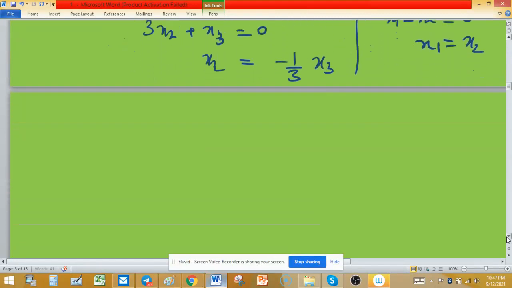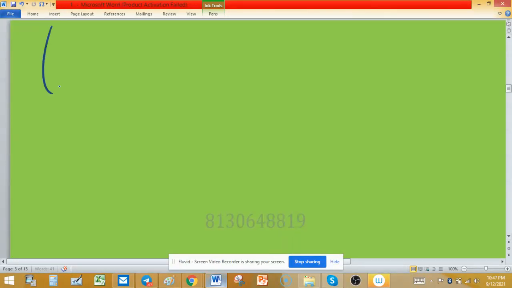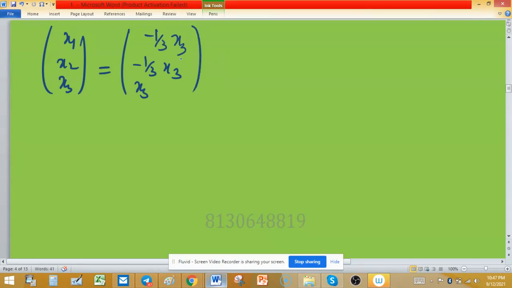If x1, x2, x3 are the constituents of a vector, then I can write x3 as is, x2 is −(1/3)x3, and x1 is the same as x2, so it will be −(1/3)x3. If there is any mistake, you can easily understand and make a correction.